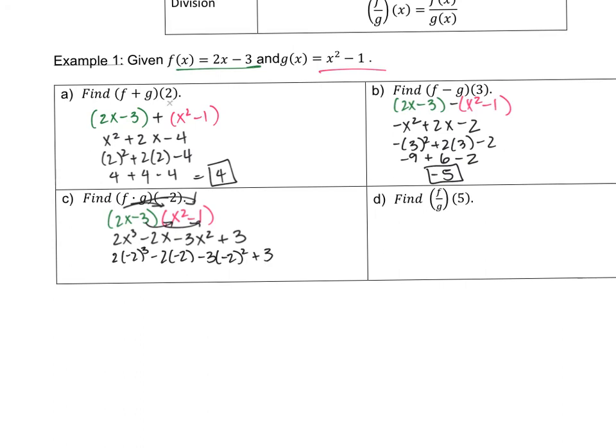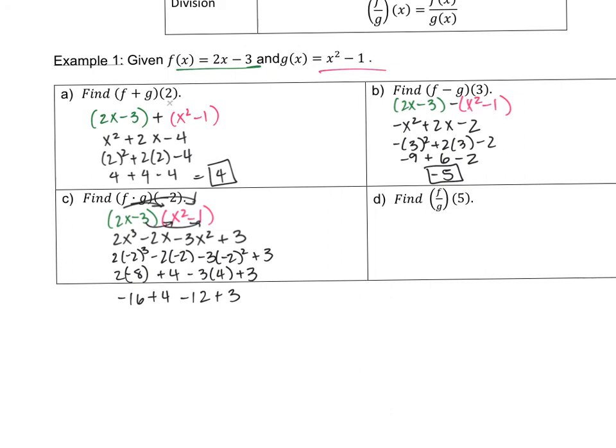So just working it out, make sure you do the exponents first. That's negative 2 cubed, so that's going to be negative 8 times 2. These two, if you multiply, you get a positive 4. This one here would be negative 2 squared, so that's going to be positive 4 plus 3. Negative 8 times 2 is negative 16 plus 4. Negative 3 times 4 is negative 12 plus 3.